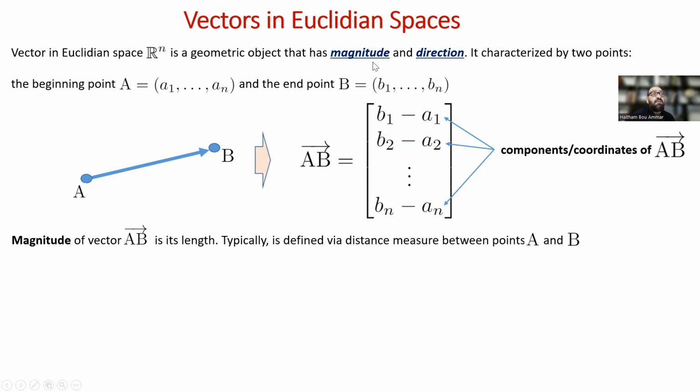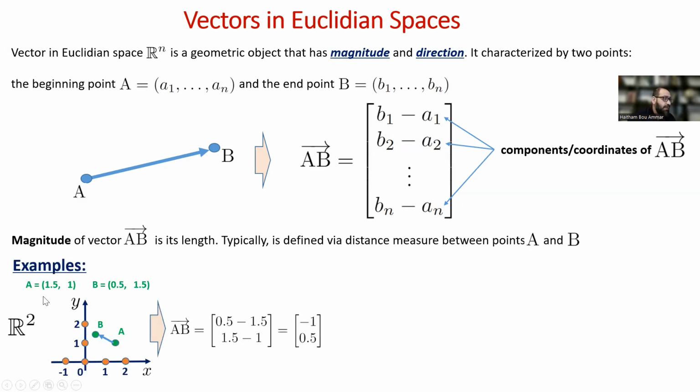And then if I would like to get the magnitude of that vector, it's the length of that vector, which is used by a definition of a distance function. And now we know how to define distance between A and B. So we take the first and the first component, subtract them, square them, the second from the second, subtract them, square them, add those, and take a square root, like we've done before.